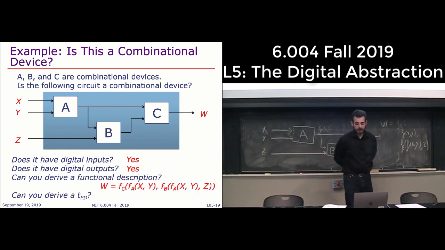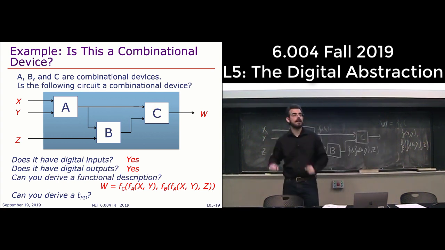So can you derive a propagation delay? Now remember, the propagation delay of each of these components, let's say they're TPD A, TPD B, TPD C. I give you the propagation delays of each of these, which are an upper bound on the delay from valid inputs to valid outputs.